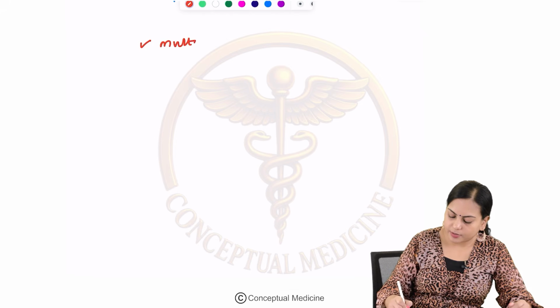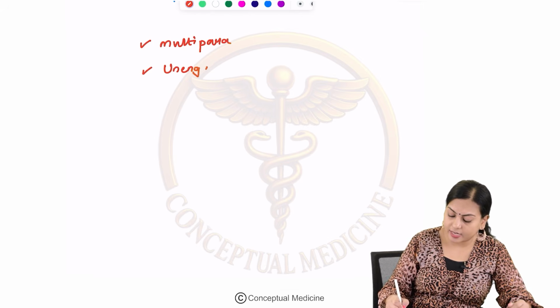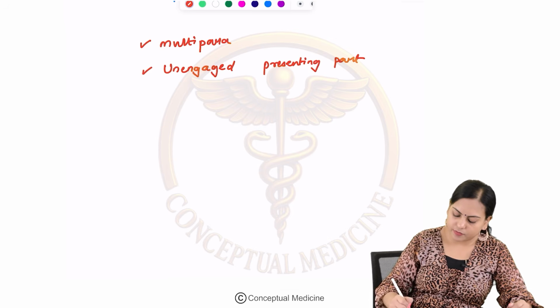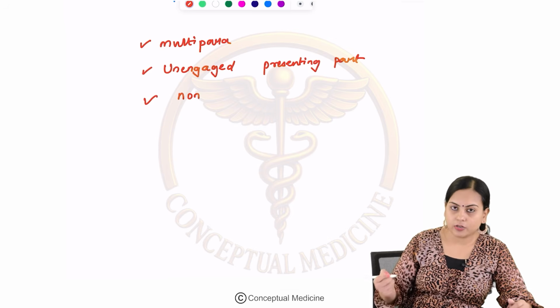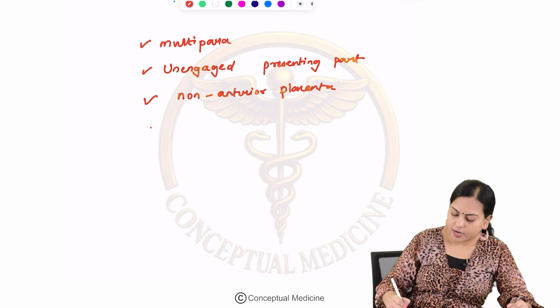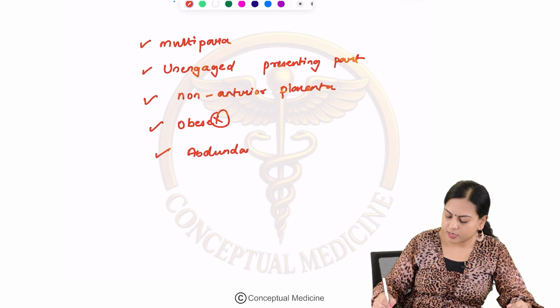When the woman is a multipara or she has an unengaged presenting part, there is a non-anterior placenta, the woman is not obese, and there is abundant amniotic fluid.